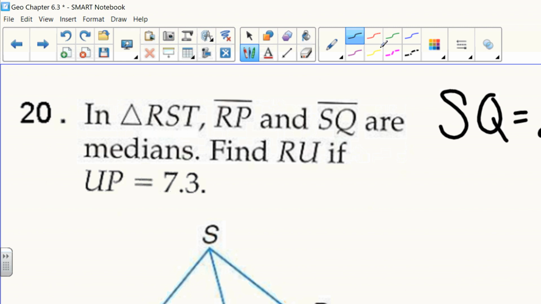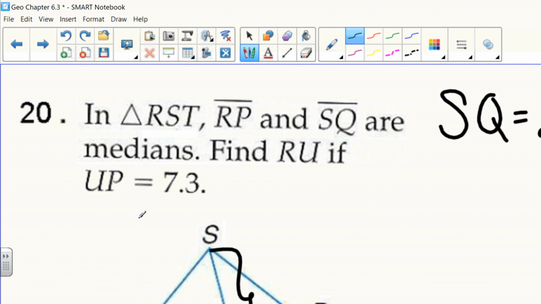We want to find SU and QU. How can we find these? What is SQ?